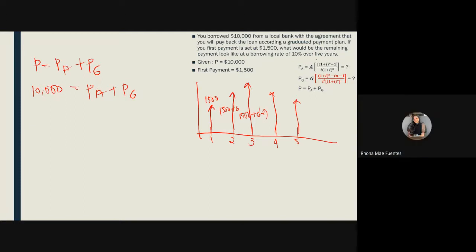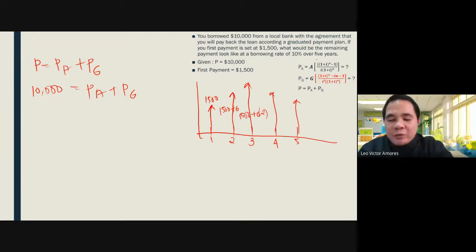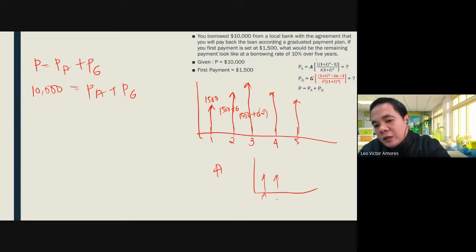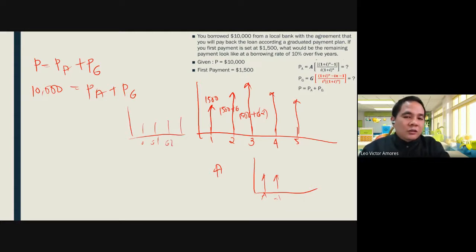Say for example, let us split the cash flow in two. You have an annuity of the same amount A for 5 years, and an annuity of G. G is still 0 here; this is G1, G2, G3, G4. Right? It is your first payment.